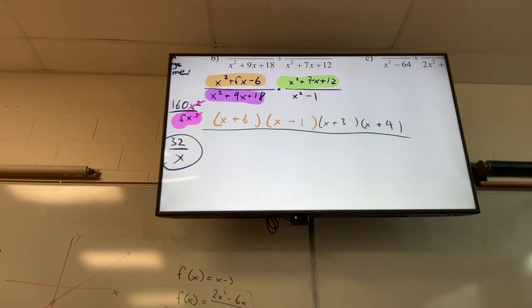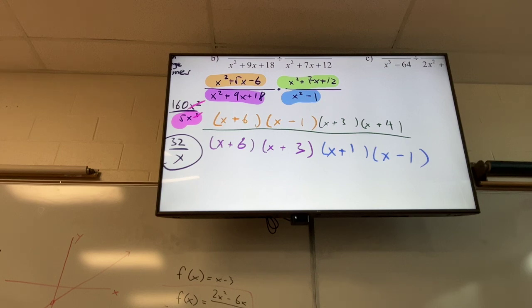The purple factors to 6 and 3, okay? And then I'll do blue. That blue one right there factors to x plus 1 and x minus 1, okay? So it's just a lot of factoring to do.